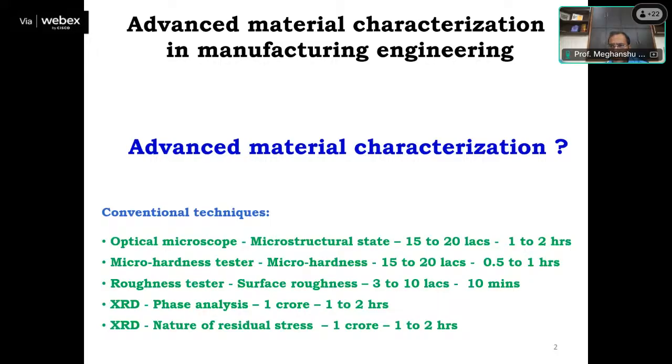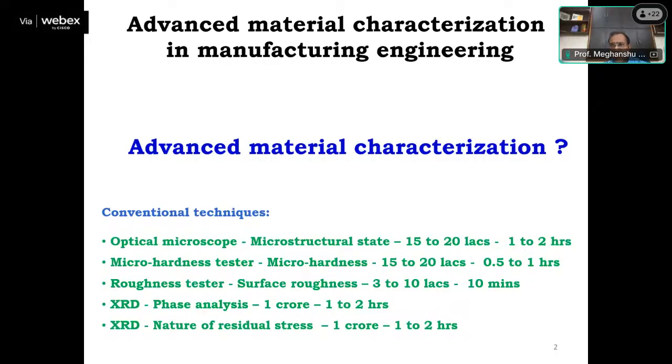So we have to purchase these techniques by investing 1.5 crore rupees, as well as the time will be around 3 hours if we have to assess the health of the component or the material by using these conventional techniques. This 1.5 crore rupees is a huge amount, but more importantly is the time.